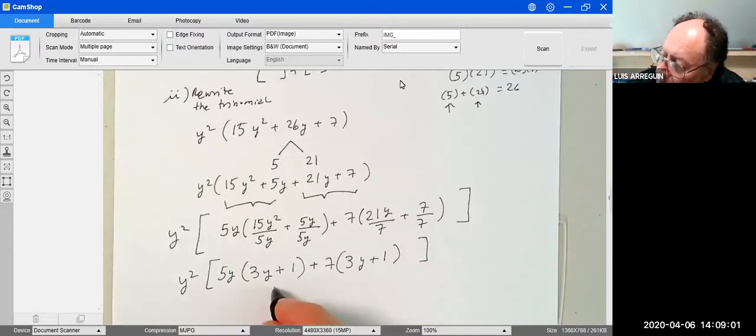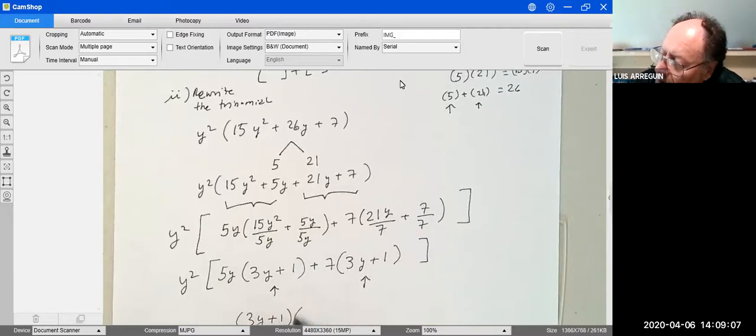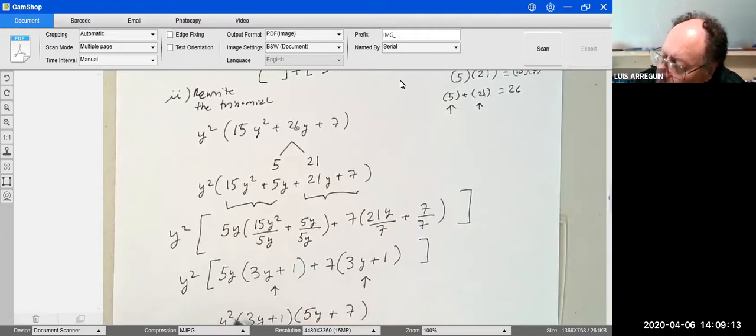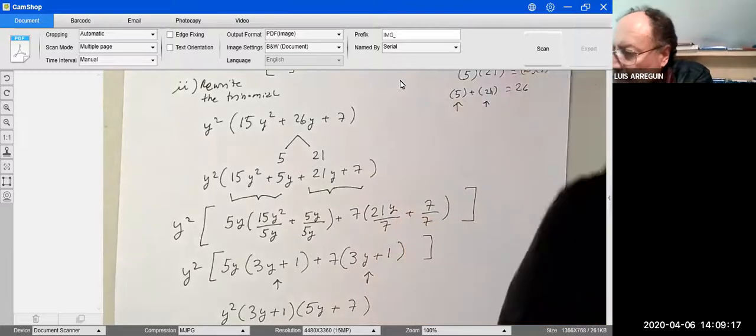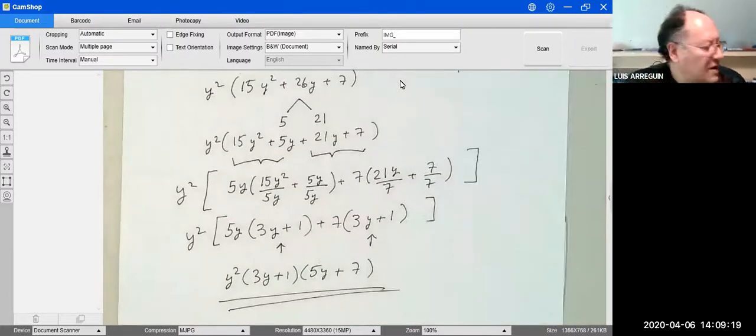So I have my common binomial. I'm going to write my common binomial, then the binomial with the greatest common factors, and then y squared, which was my first greatest common factor that I found before. So the answer then is y squared times 3y plus 1 times 5y plus 7.